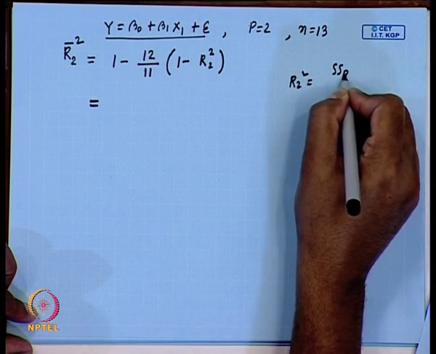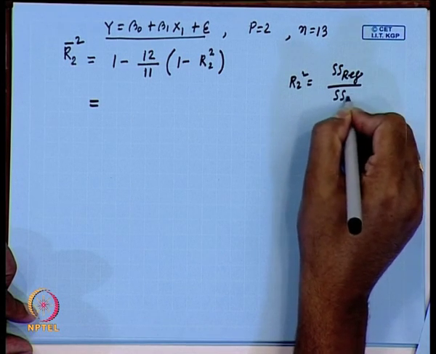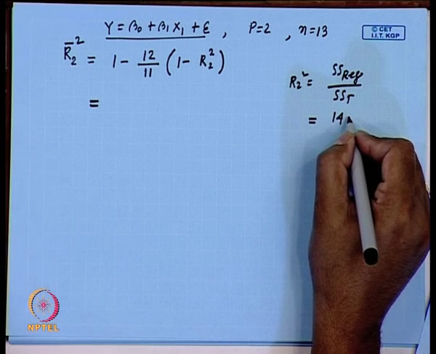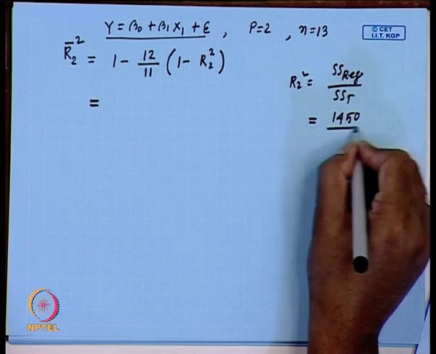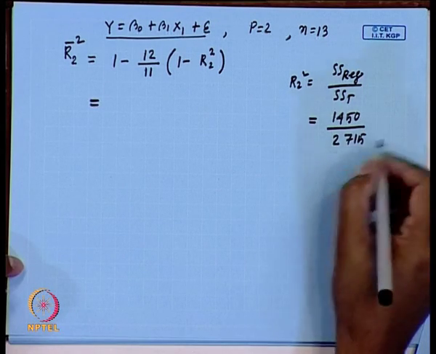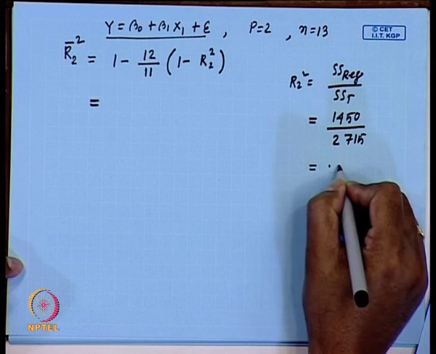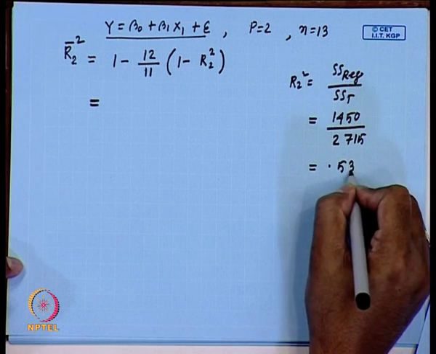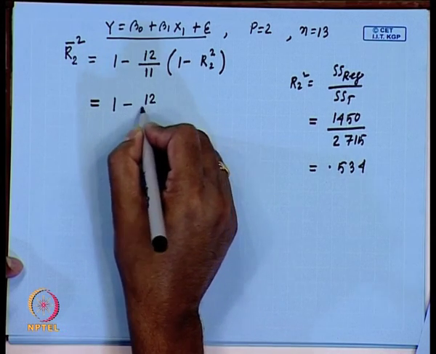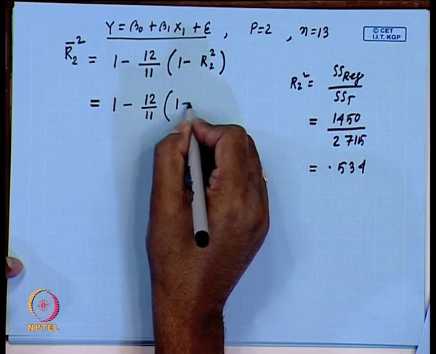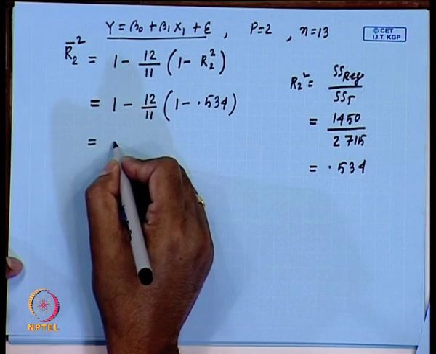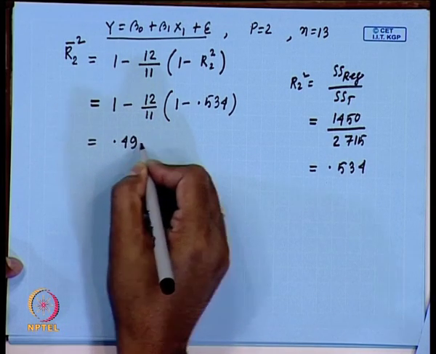R 2 square is nothing but SS regression by SS total, which is equal to 1450 by 2715. Please refer to my previous class. So, this is equal to 0.534. So, this value is equal to 1 minus 12 by 11 into 1 minus 0.534, which is going to be equal to 0.492.